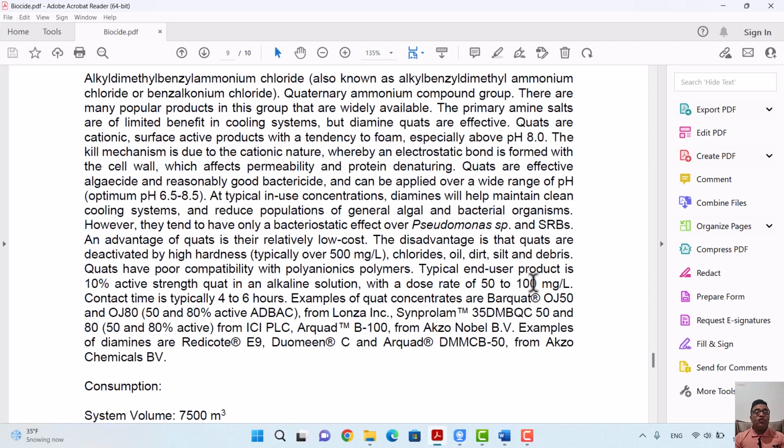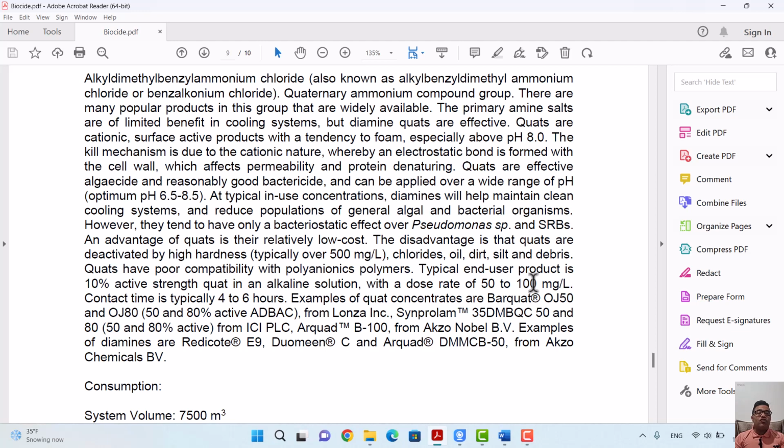Then we saw this catalog and these informations, and concluded that since there were some dirt or debris or other things of that type, it might deactivate the quat, and impact its performance against bacteria.